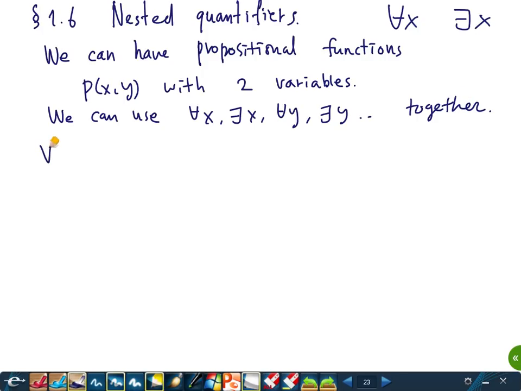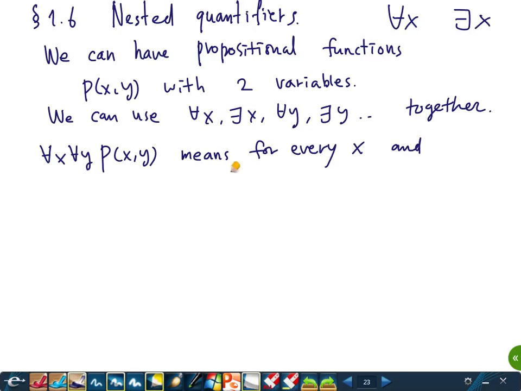So like this, for all x, for all y, p of x comma y. This means exactly what you think: for every x and for every y, p of x comma y. And you can have them mixed like this.